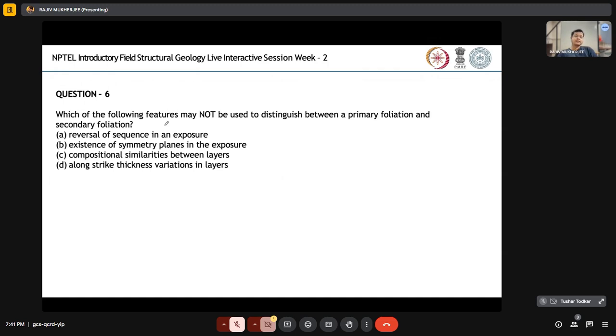So then there can be several criteria, of which a few were also discussed in the week two's lecture content. But apart from that, there can be several other distinguishing features using which we can differentiate between primary planes and secondary planes, right?